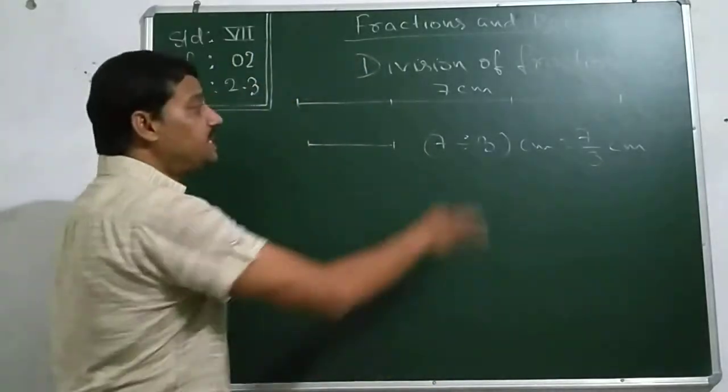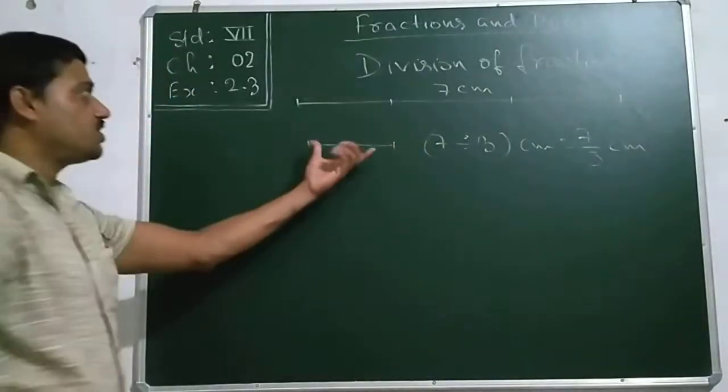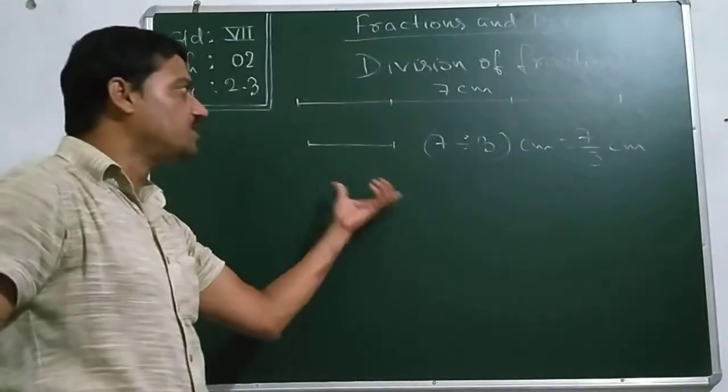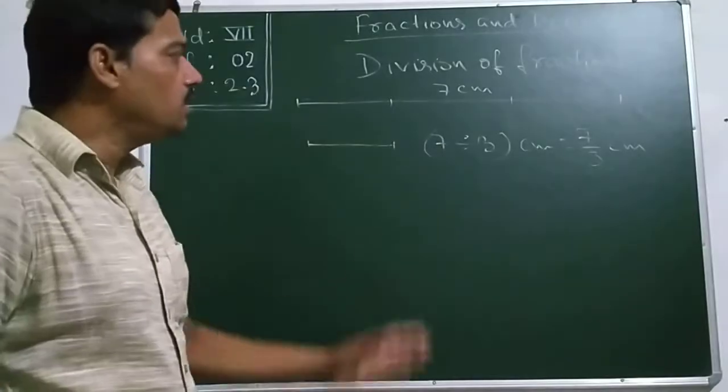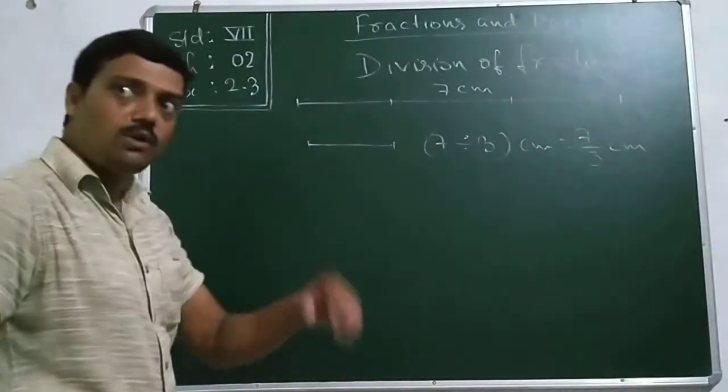Now if this stick is further divided into smaller sticks, 1/3 of the previous stick is to be divided once again into 3 equal parts, or say 4 equal parts.